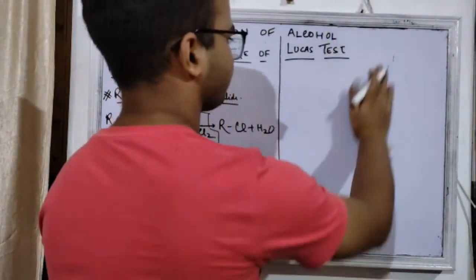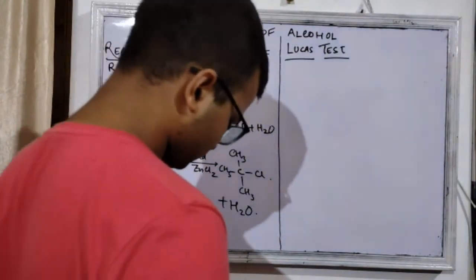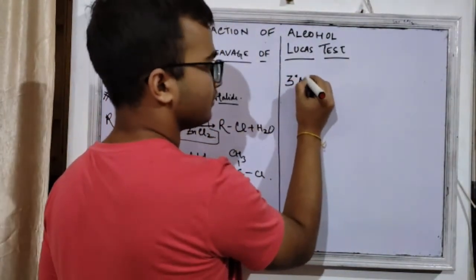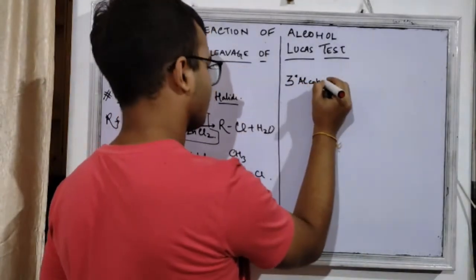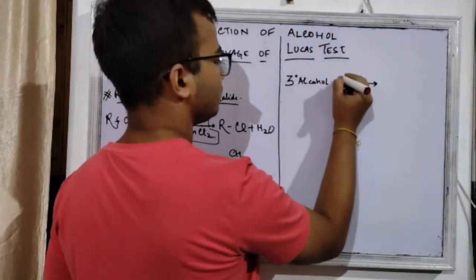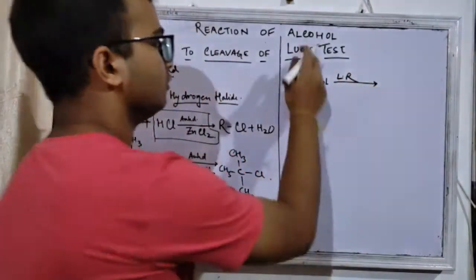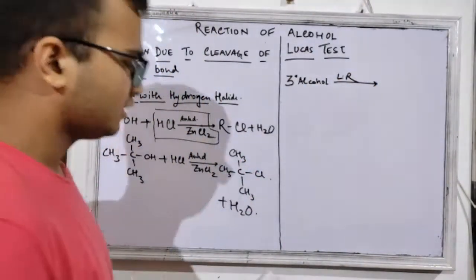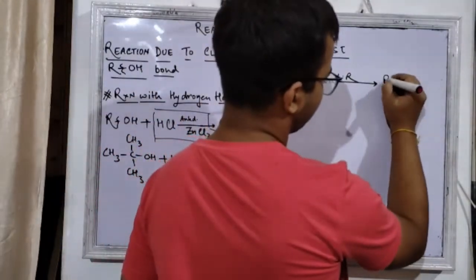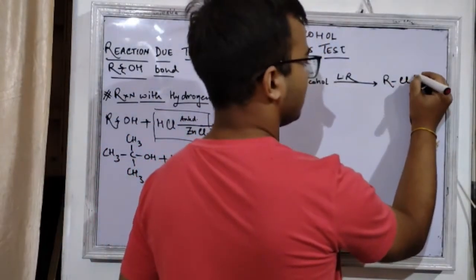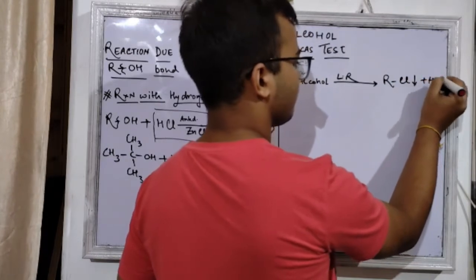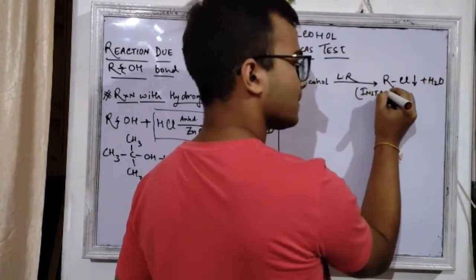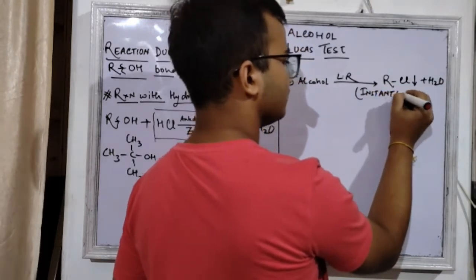So right here, if it is a 3-degree alcohol and you treat it with Lucas reagent, then you will get RCl as precipitate plus H2O. Then you will write instant.